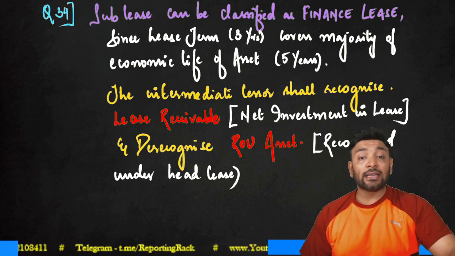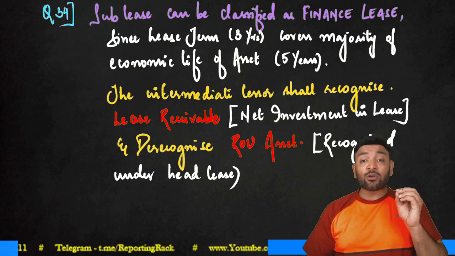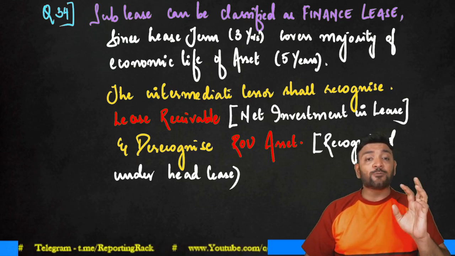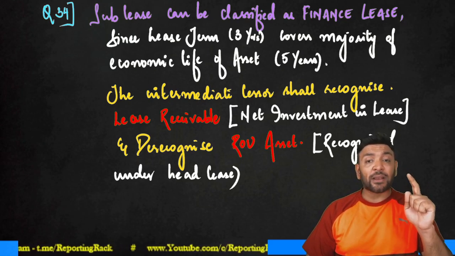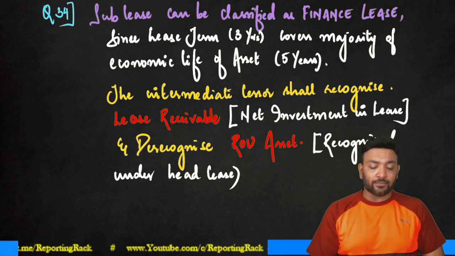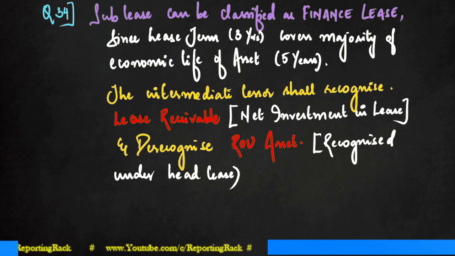This is the accounting treatment. Whenever the sublease is classified as a finance lease, then the entry should be lease receivable account debit to ROU asset.